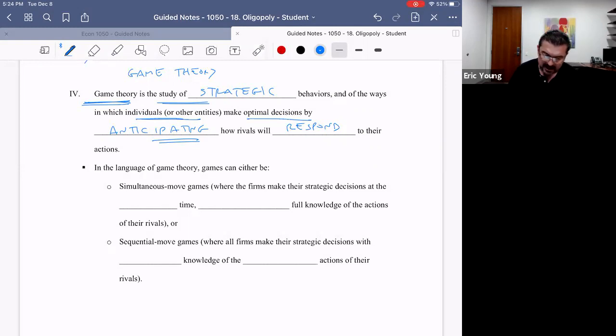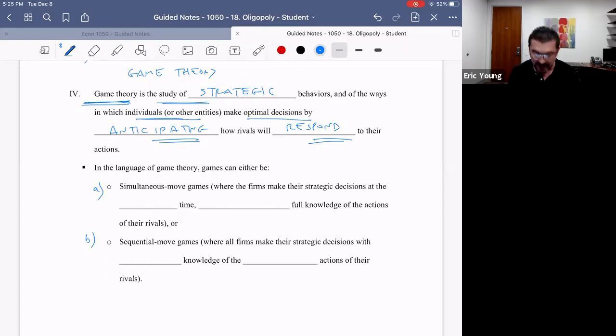Again, game theory, the study of strategic behaviors, which really is all about anticipation and response. Now, in the jargon of game theory, a game is basically any interaction between people, okay? So don't be fooled by the term game. A game in economic game theory is simply a shorthand term for any interaction.